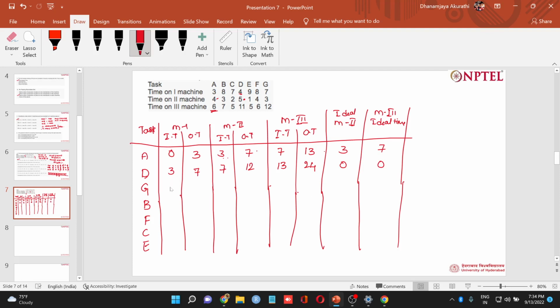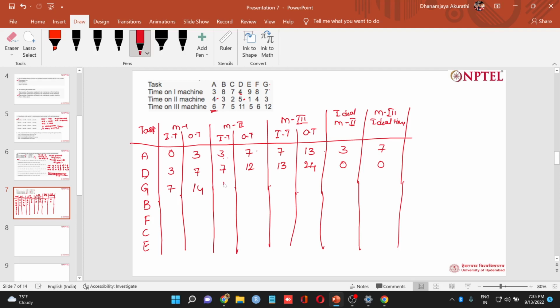And coming to machine 1 doing job G, the in time is 7 and out time is 14. Are you getting how we are entering these values?